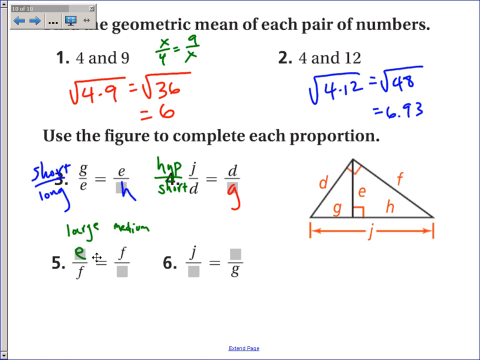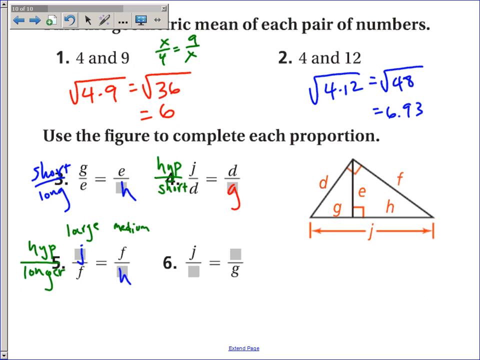Sorry about that. Now, in the large triangle, F is the longer leg. So that must be on the bottom. And in the medium triangle, F is the hypotenuse. So the ratio we're looking at is hypotenuse over longer leg. In the large triangle, the hypotenuse is J. And in the medium triangle, the longer leg is H. So the ratio is J to F is equal to F to H.